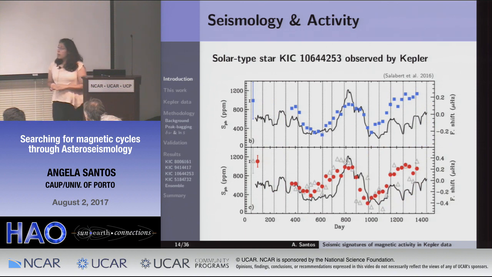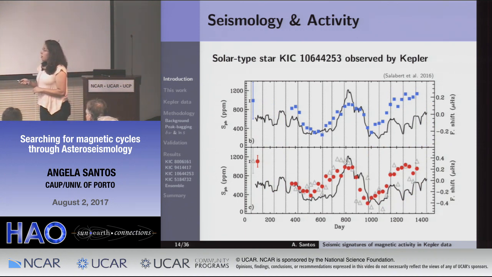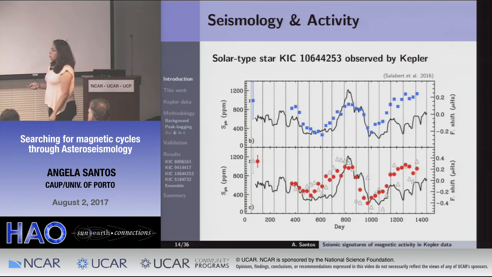And last year, Salabert et al., the same group, detected for the second time activity-related frequency shifts, for a star this time observed by Kepler. The different symbols correspond to the frequency shifts obtained with different methods, but we can focus on this one.